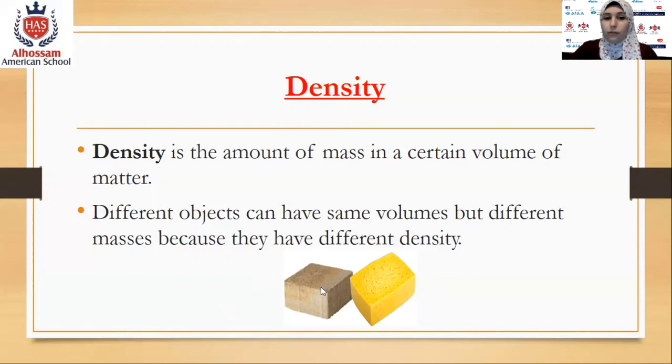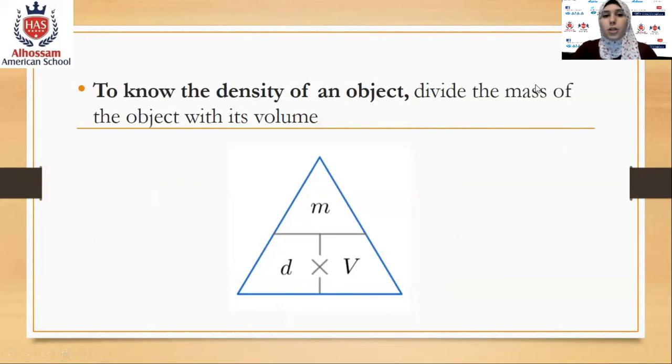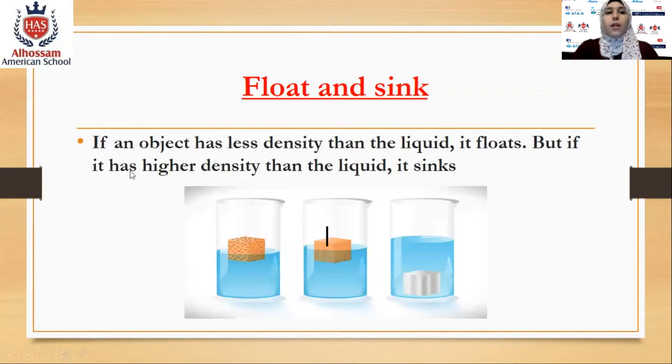The density of the rock is not the same as the sponge. To know the density of an object, divide the mass of the object by its volume. So mass equals density multiplied by volume, or density equals mass divided by volume.